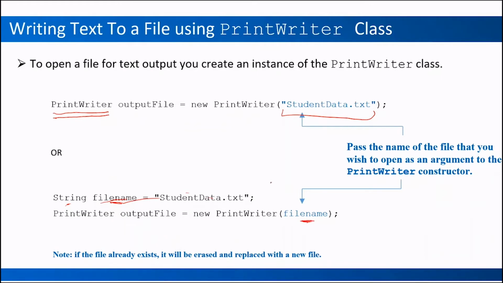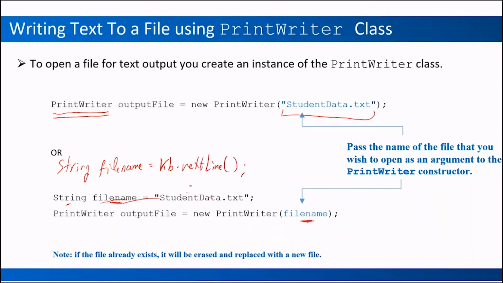It could even be that the file name is actually coming from something like this. For example, here is a String fileName equal to, let's say, keyboard.nextLine(), something like this.